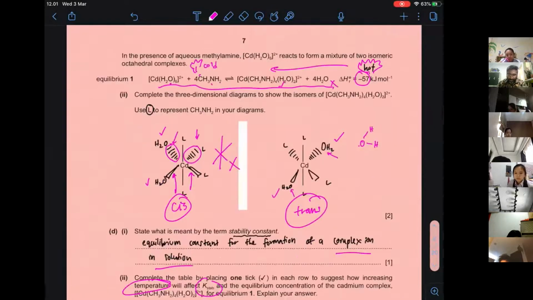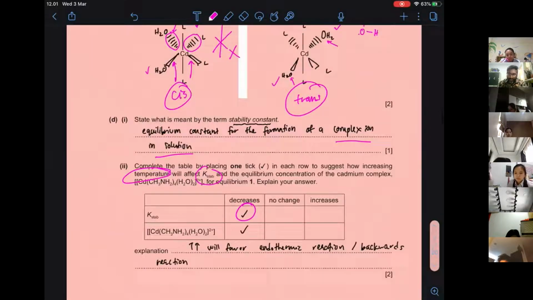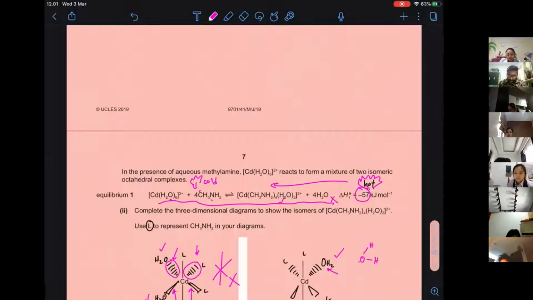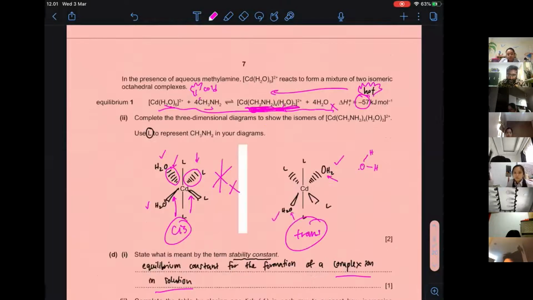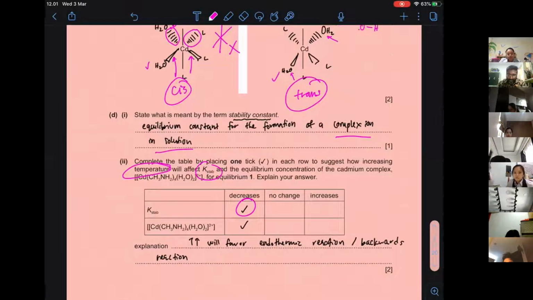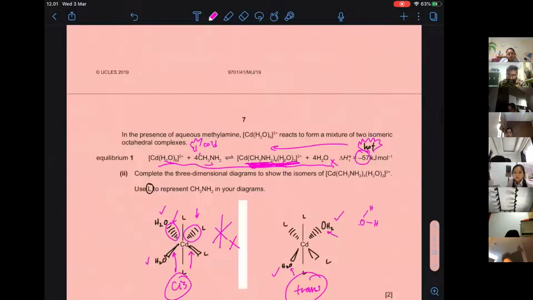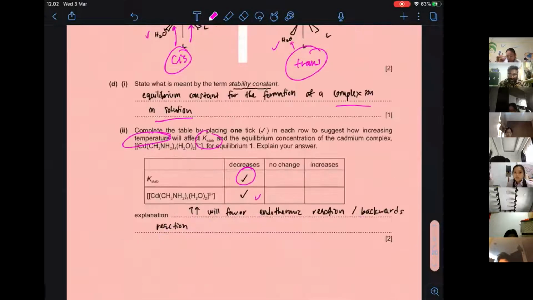So it's this divided by this. Of course, if this one is decreasing, the entire K step will decrease. And then they also ask about the concentration of this ion. Since it's moving backwards, of course it's going to decrease as well. So explain your answer.